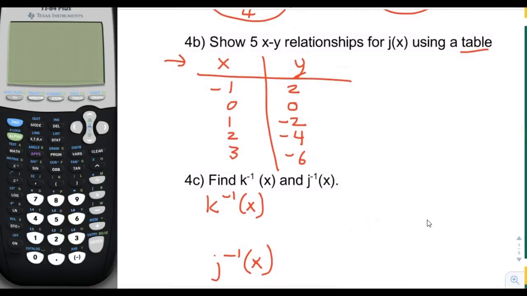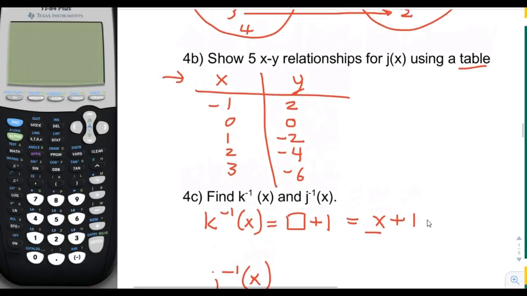If we define inverse k as something plus 1, the way we would normally write it in math is x plus 1. What is x? x is the input. We define it as the input by putting an x right here in the parentheses. And so the opposite of the k function, which is subtracting 1, is the inverse k function.